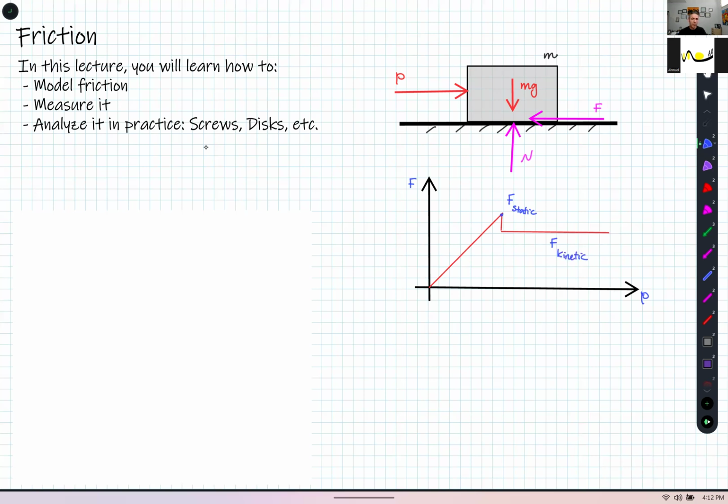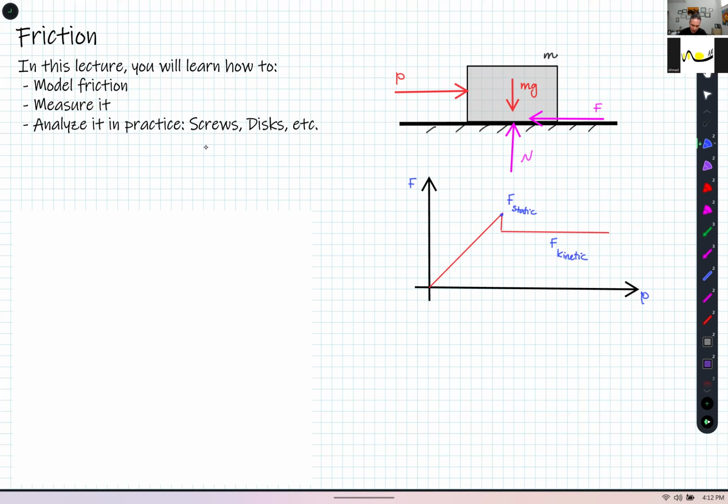So this resistive force that we call friction can have one of these three scenarios. Before reaching that maximum, it's equal to the load P. At the moment that it just slips, it is going to be equal to F static. And after the motion, we'll call that kinetic friction.